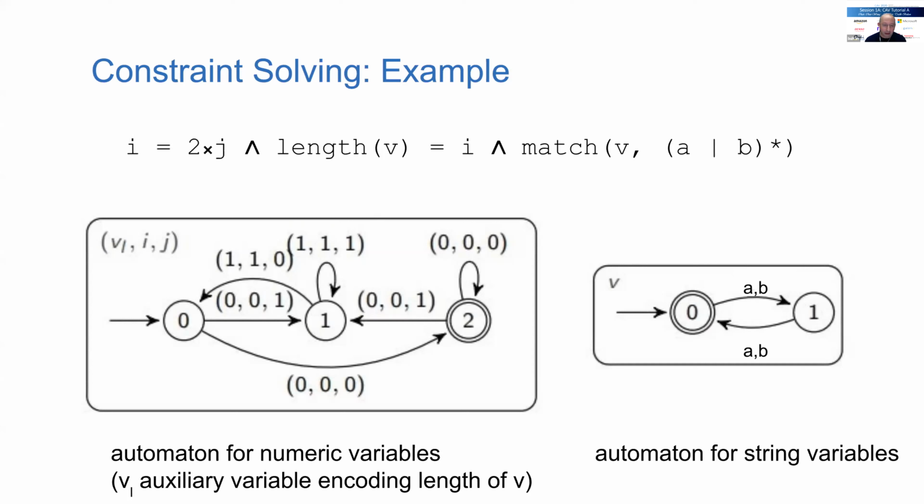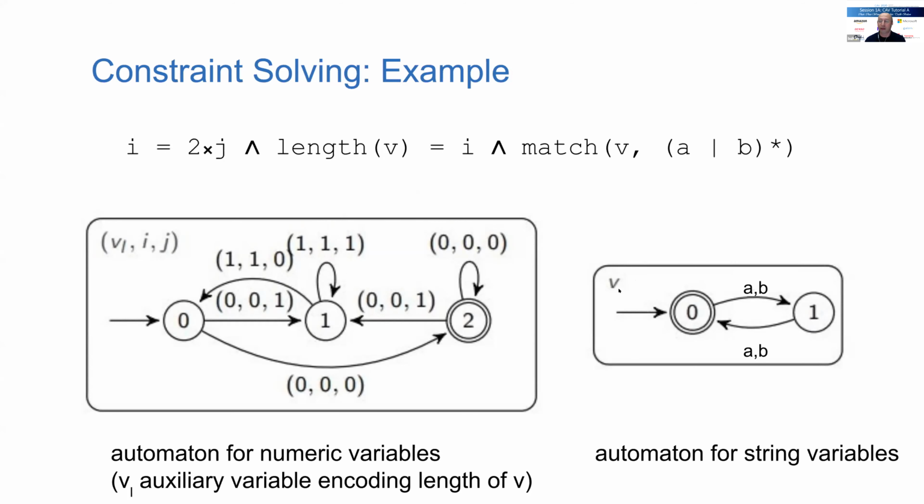And this thing here, which is hard to understand, is making sure that the length of v is equal to i, plus i is equal to 2 times j. The track here, VL, is an auxiliary variable which denotes the length of v. We use a track for that, and it accepts this constraint. So together, these two automata represent all the solutions to this constraint.